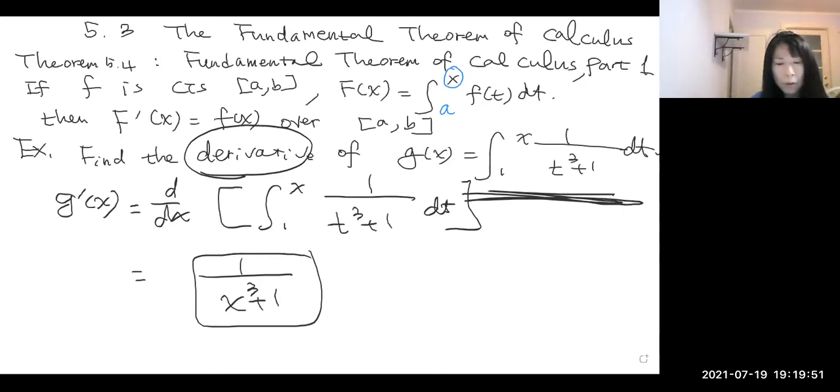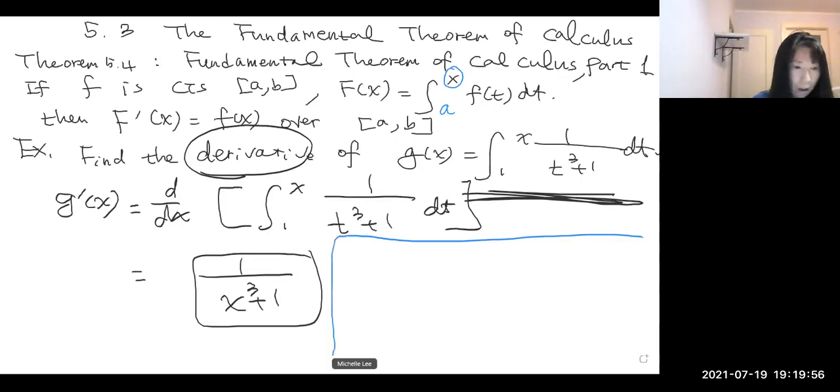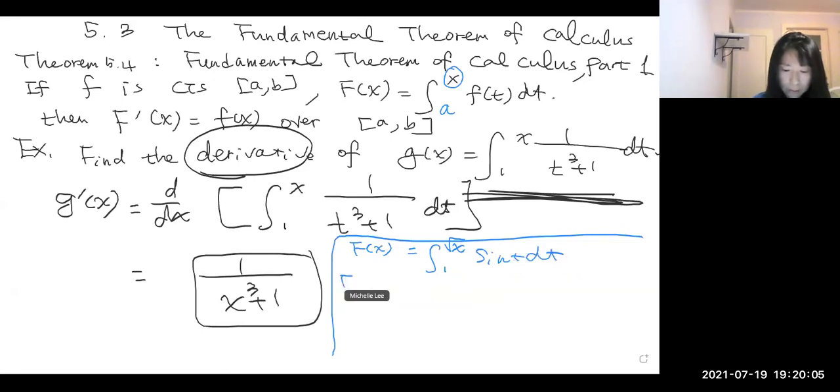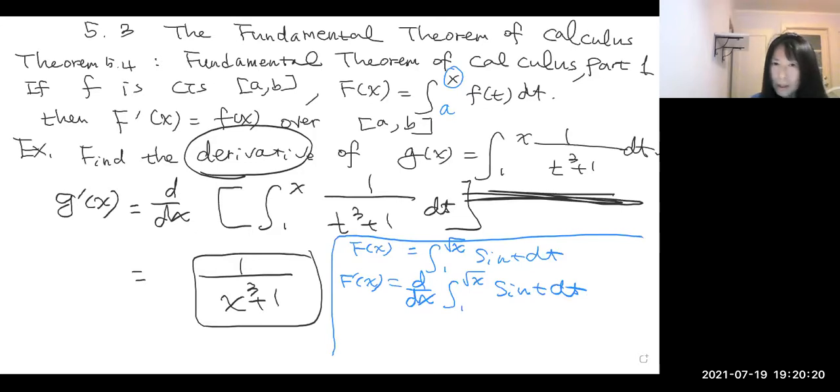Okay, for example, if we have the integral from 1 to square root of x, so f prime of x. So basically we do that. Look, in this case, there is more than x. We have a square root of x. Then look at this one.